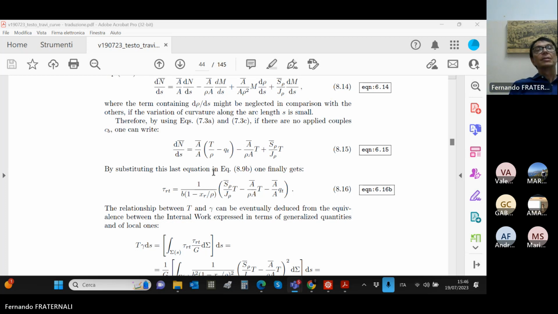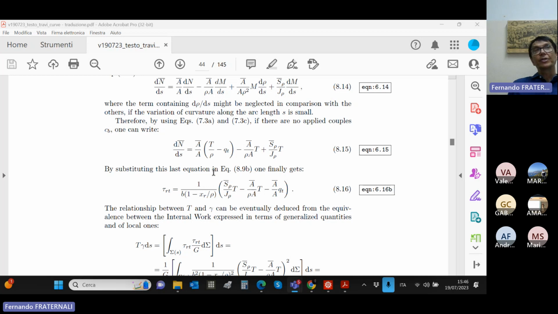So these two formulas, in particular the formula for the tau RT, have been derived by treating the tau as a reactive stress, and we have determined tau through equilibrium equations in order to have a more physical value of the distribution of the tangential stresses.